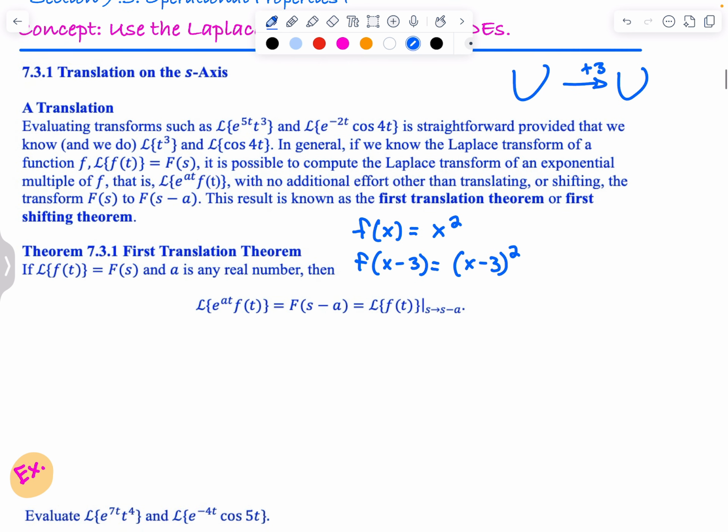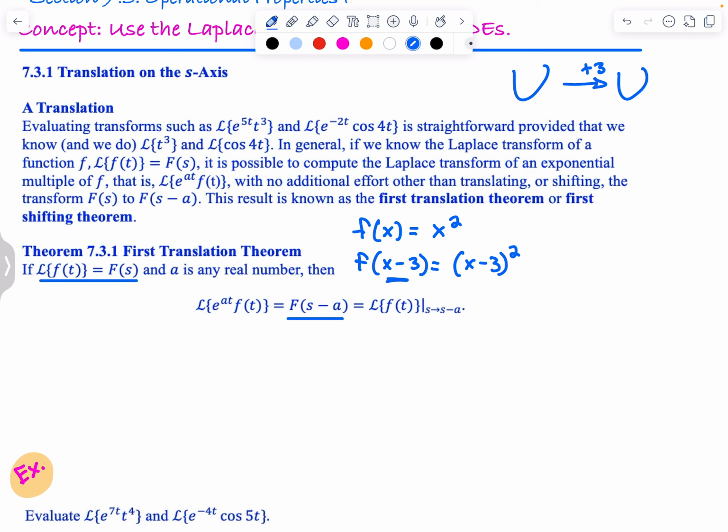So take a look at this theorem. We're going to prove it so you can see why it works. It says, let the Laplace transformation of f of t be big F of s, and a is any real number. So they're saying the Laplace of e to the at f of t is just a translation on the s-axis.